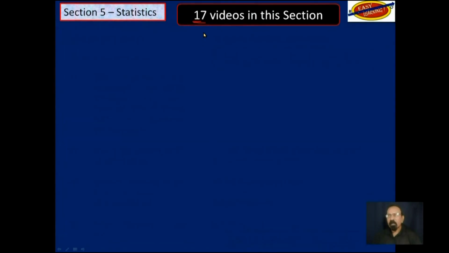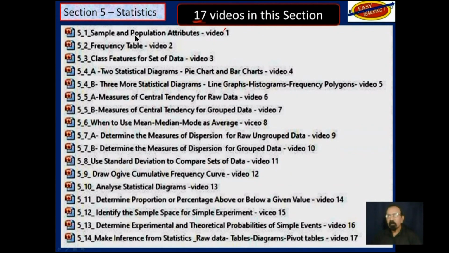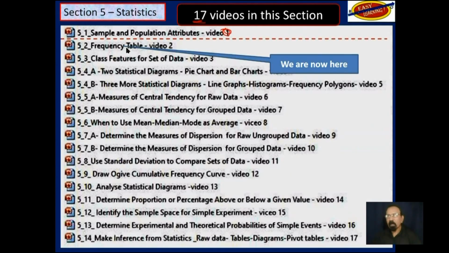I have divided those 14 objectives into 17 videos. This is video 1. We are now here at video 2. Video 1 has been published in its entirety. This video 2, when I finish it, will only be published partially.